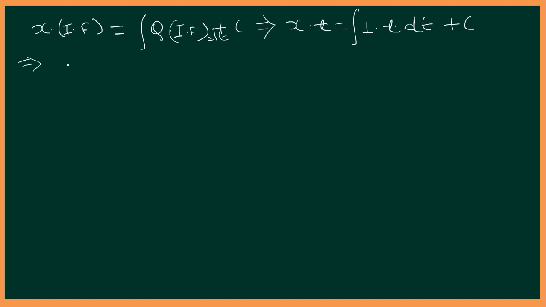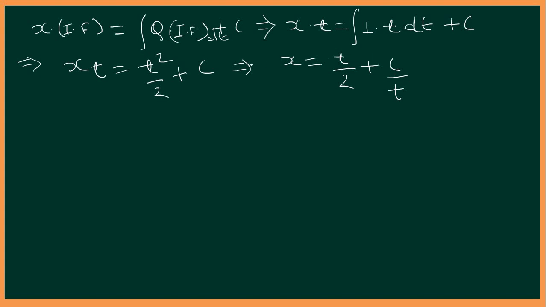So you will get xt is equal to t square by 2 plus c. Now divide both sides by t, then you will get x is equal to t by 2 plus c by t.